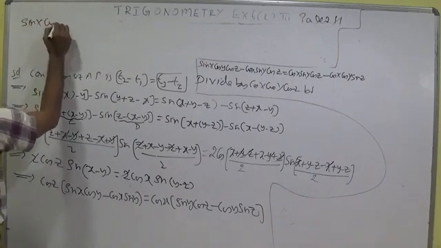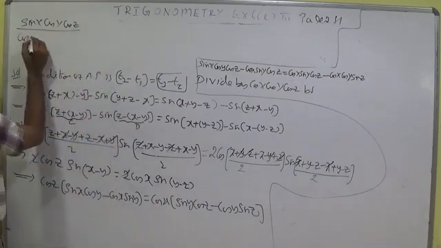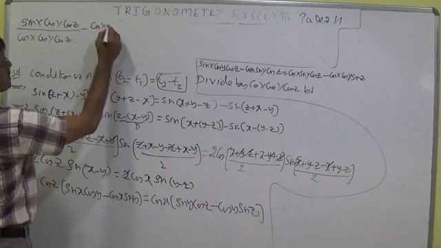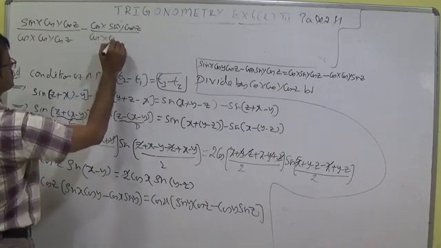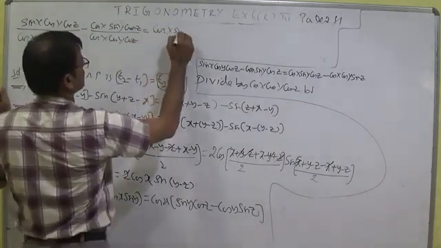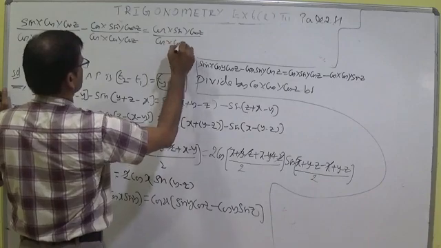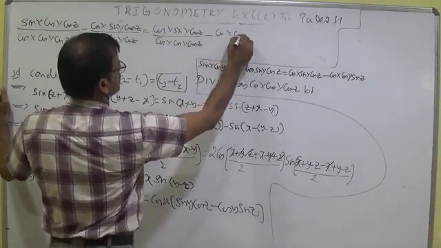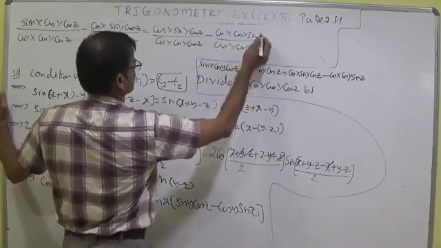So this is sin x cos y cos z by cos x cos y cos z, minus cos x sin y cos z by cos x cos y cos z, is equal to cos x sin y cos z by cos x cos y cos z, minus cos x cos y sin z by cos x cos y cos z.